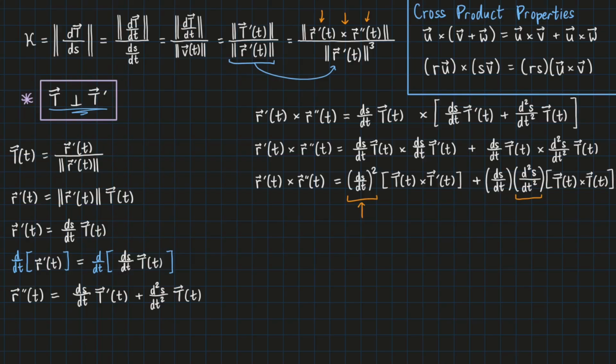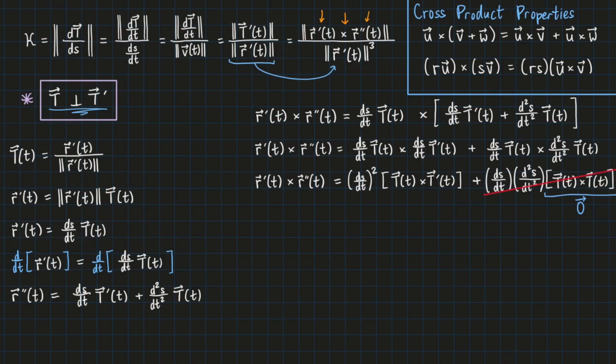The first expression is the first derivative of s of t multiplied by itself. d2s/dt squared is the second derivative of s of t. So right here we have T of t crossed with itself, and the cross product between two parallel vectors is the zero vector. So this entire side of the sum is wiped out.